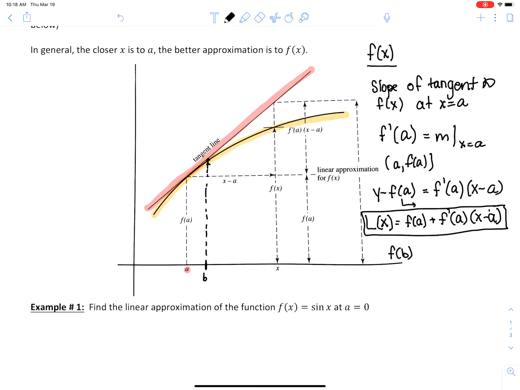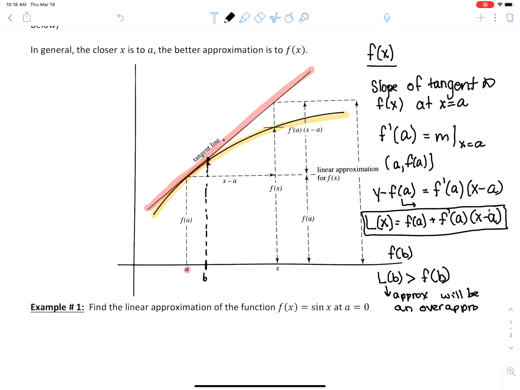Now let's say I said to approximate f of b, and let's say this was a point b. My approximation, L of b, is the one up here in red, is going to be bigger than my function value at b because the tangent line sits above my original function f of x. So here, this approximation will be an over approximation.